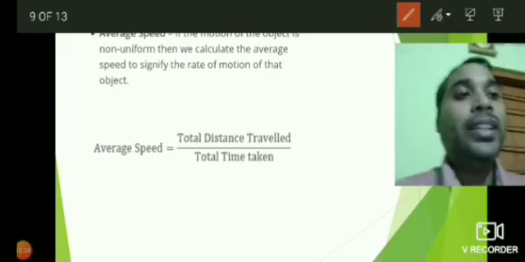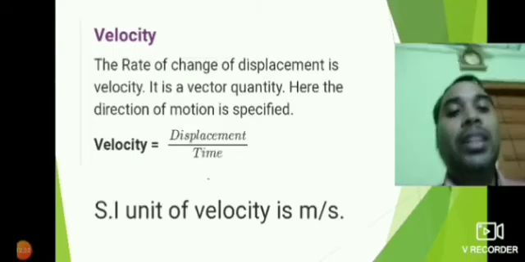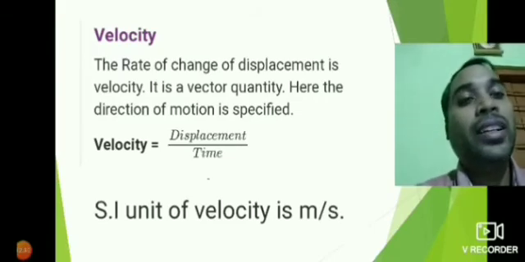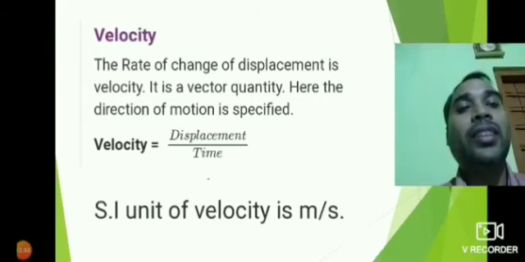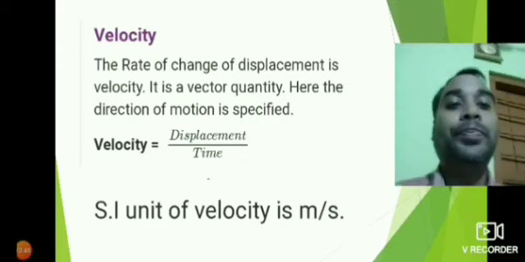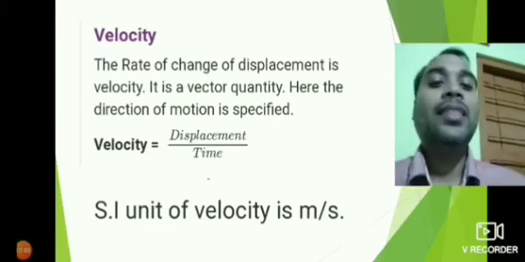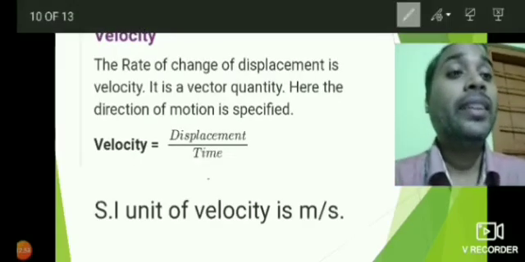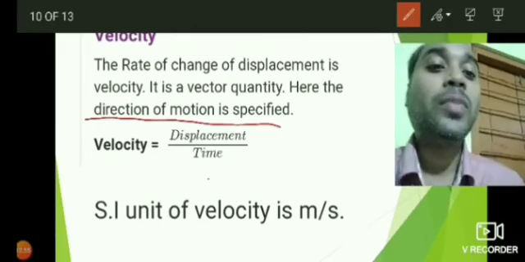Okay, so next let us understand what is velocity. The rate of change of displacement is your velocity. Unlike speed, it is displacement by time, whereas speed is distance by time.